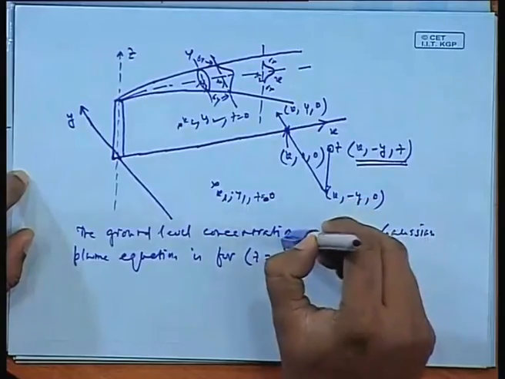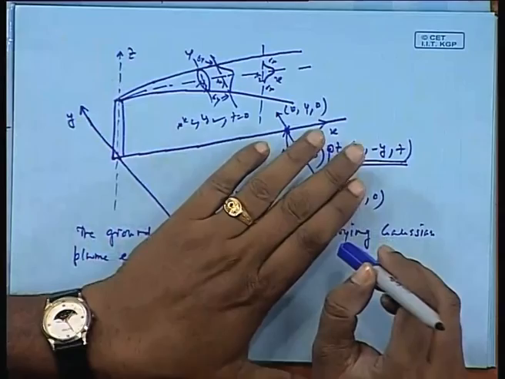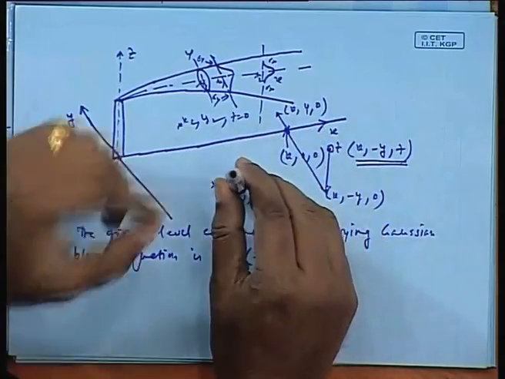If you keep this page showing the xy plane, this is an xy plane, and this is the smokestack. We are only observing the ground level concentration, not at any height x, y, z. We are just interested in the ground level concentration, because most humans and other living beings reside in that particular zone only.